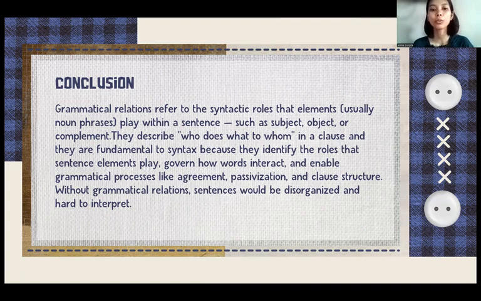They describe who does what to whom in a clause, and they are fundamental to syntax because they identify the roles that sentence elements play and govern how words interact and enable grammatical processes like agreement, passivization, and clause structure. Without grammatical relation, sentences would be disorganized and hard to interpret.